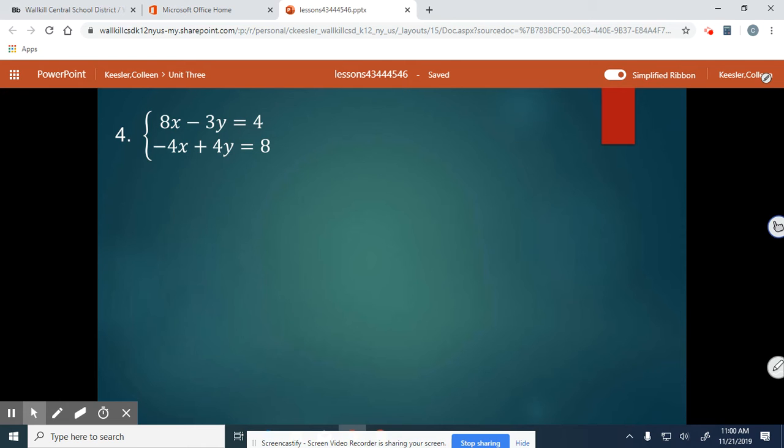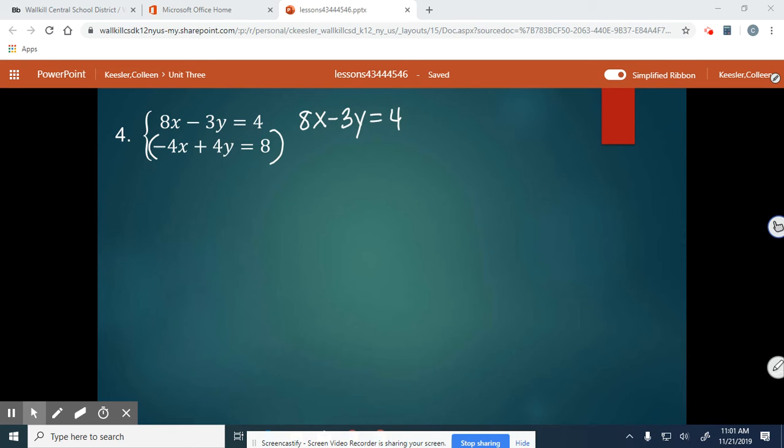So again, this one's set up pretty easily because I see a pair of opposites in both cases. And I could easily multiply negative 4 by 2 to get negative 8, which would cancel out my x's. So we're going to keep the top equation.